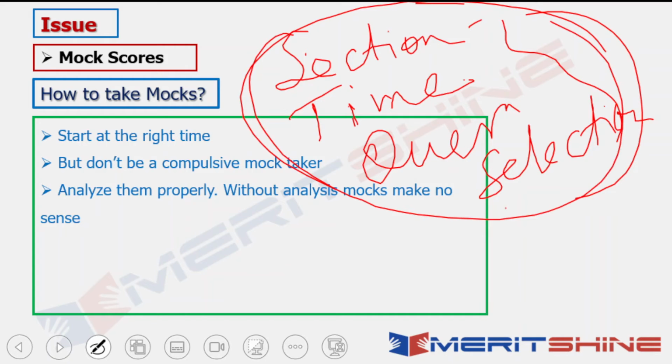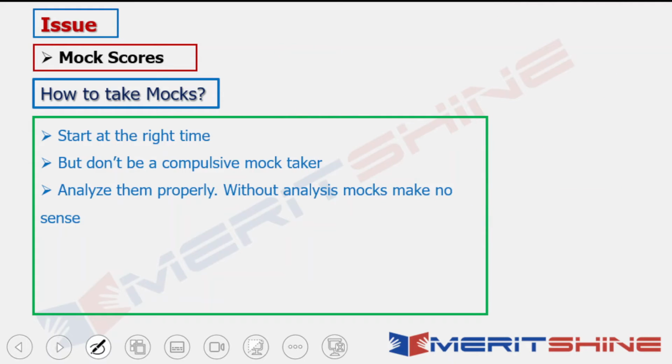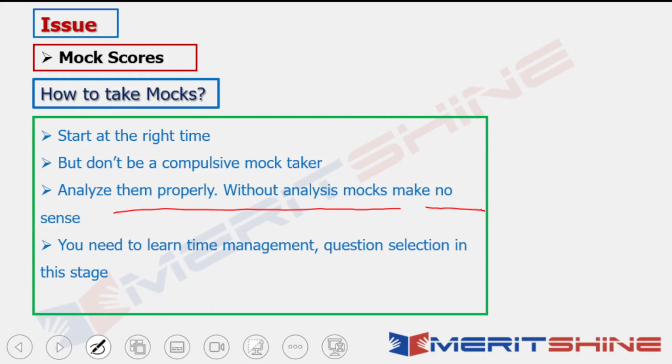So these are the things that we need to learn from mocks, not how to do questions. That would automatically happen when you go through the solutions of the questions of the mock, right? But that's not the main purpose. So you'll have to analyze them properly. Without analysis, mocks make no sense. So don't be a compulsive mock taker, be an efficient mock taker.